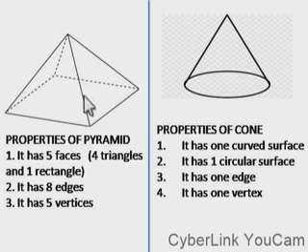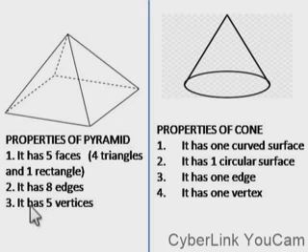You can see the edges, the straight lines are the edges of this shape. They are 8 in number. Let's count them: 1, 2, 3, 4, then 5, 6, 7, and finally 8. So there are 8 edges in a pyramid.